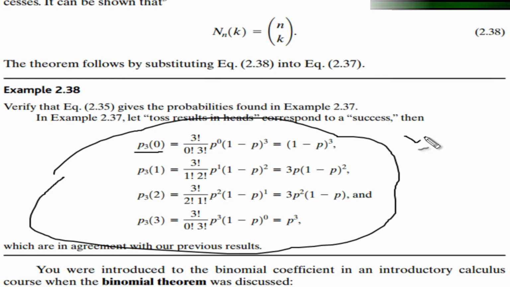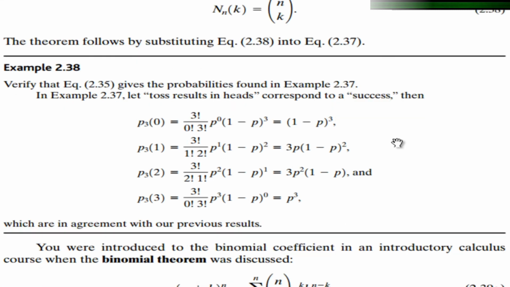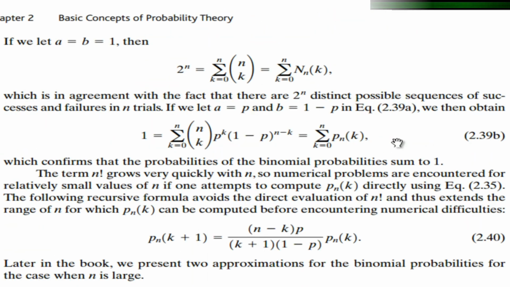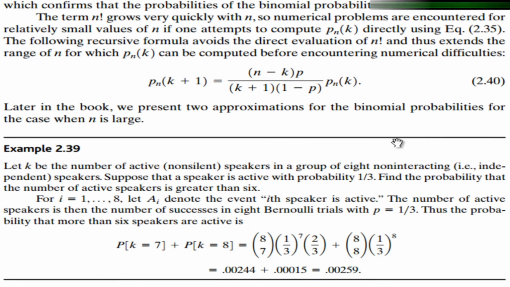I have solved this for you. Please go ahead and solve all these by yourself for your understanding. Let's move on. This is the formula, and binomial probability law is also related to this one.